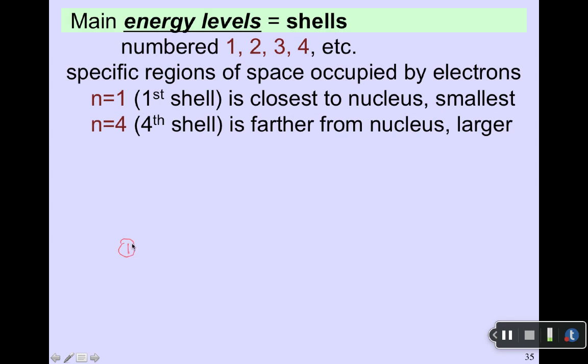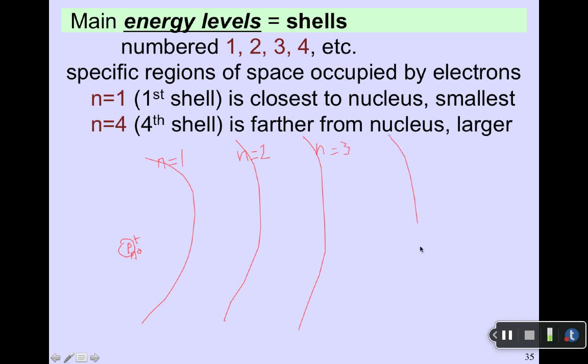The nucleus with its protons and neutrons is going to be considered the middle. Building outward from there, as we saw in the shell models today, are the various shells. The first shell is the one that's closest to the nucleus. The second one is farther out, and you keep on going, adding shells out from the nucleus at different energy levels.